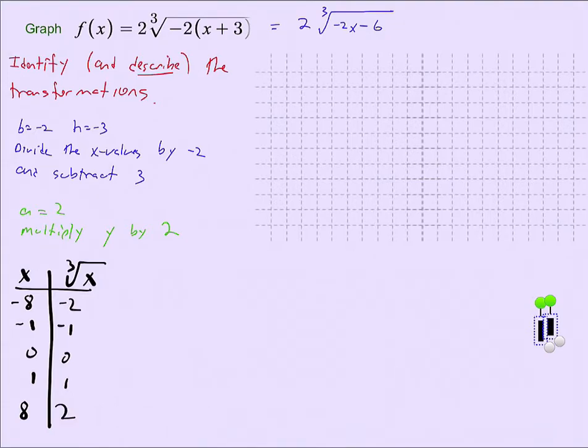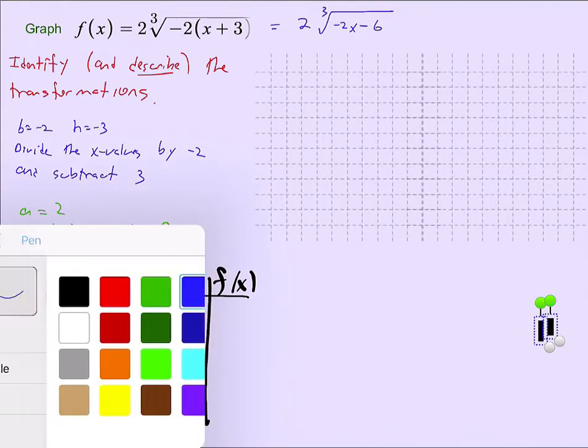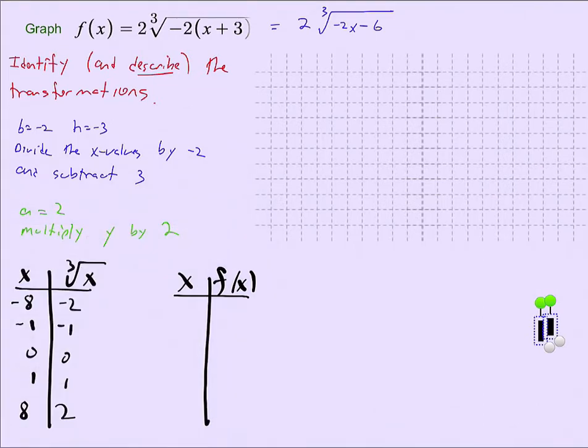It's just remembering that 8 is 2 cubed, and so we're going to use 8, 2, and -8, -2 for the cube root. Okay, so we're going to make our transformed function, and I'm going to call this f of x because that's the label that they gave us above. And I'll do my x values in blue, so you can remember to follow the directions I wrote in blue. I'm going to take all of these, and I'm going to follow these directions to get to my new column.